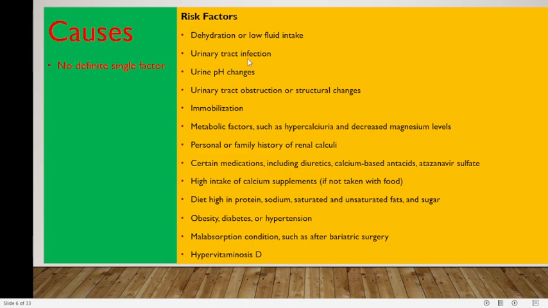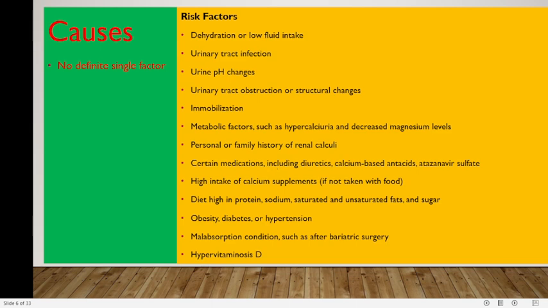We have UTI, especially for the struvite, urine pH changes, urinary tract obstruction and structural changes, immobilization, metabolic factors such as hypercalciuria and decreased magnesium levels, and personal or family history, where someone may be predisposed by the mere fact that they might have had that infection or the condition runs in the family.